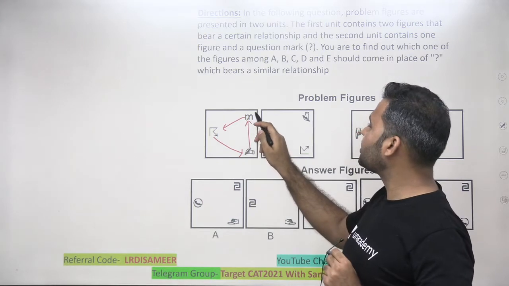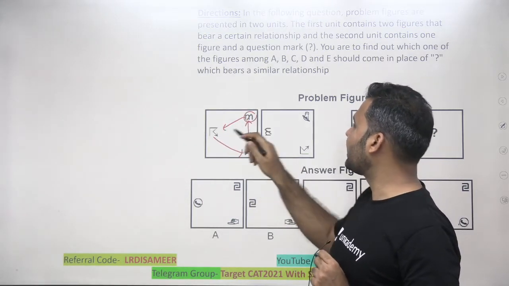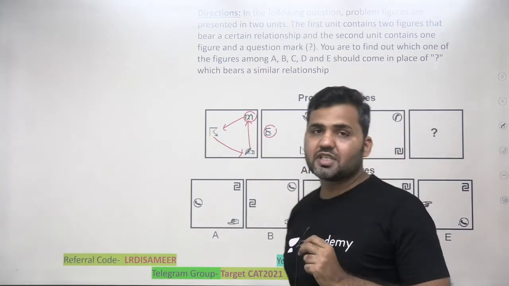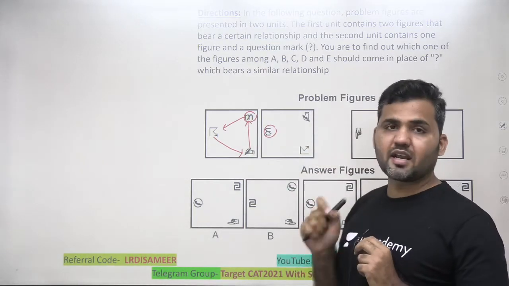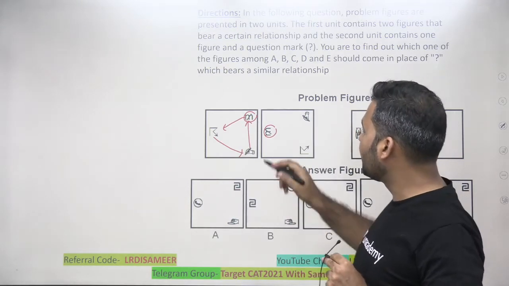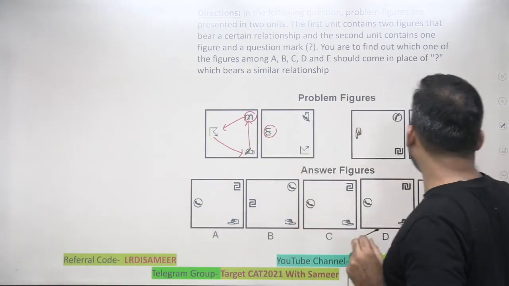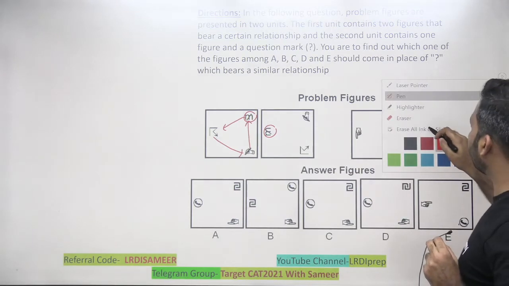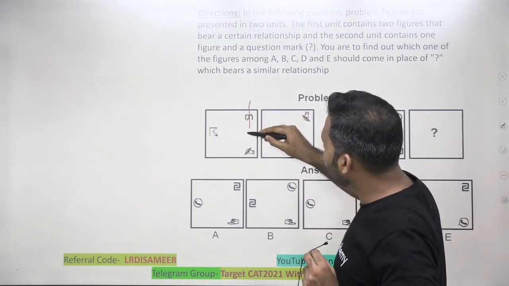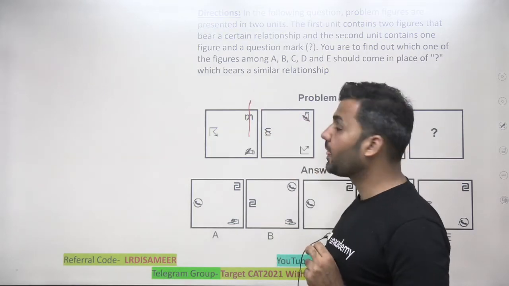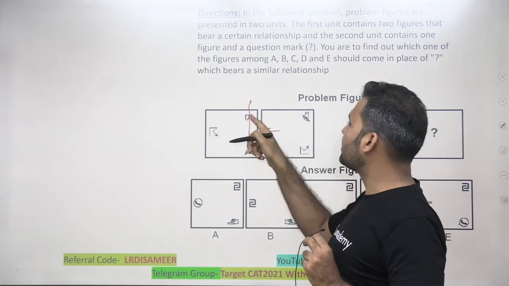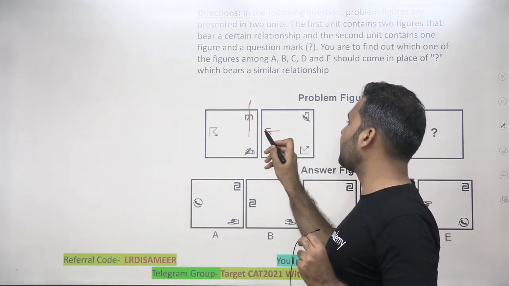Why? Look at the shape of M in this, and then look at the shape of M here. So how will you see whether this has been rotated 90 degrees clockwise or anti-clockwise? How will you find it out? What you can do is, in this figure M, draw a line passing through the middle of it, and then draw a line in this figure passing through the same position.